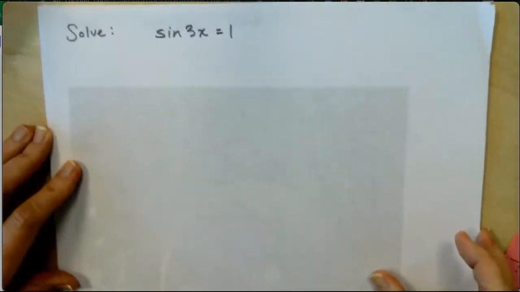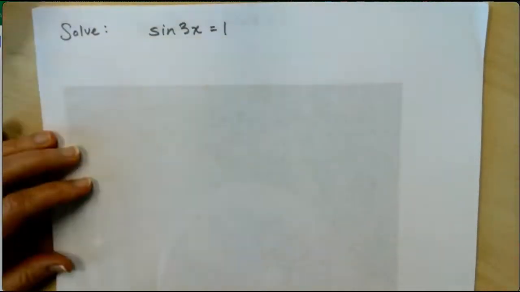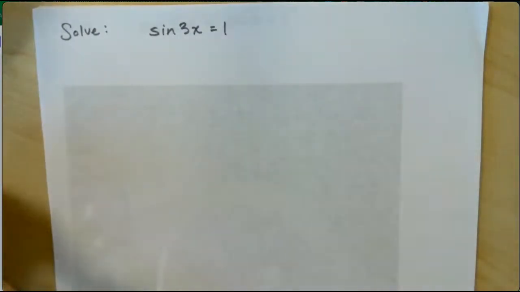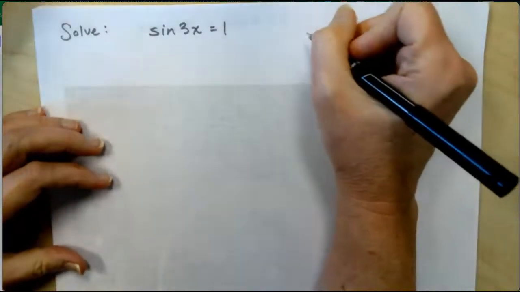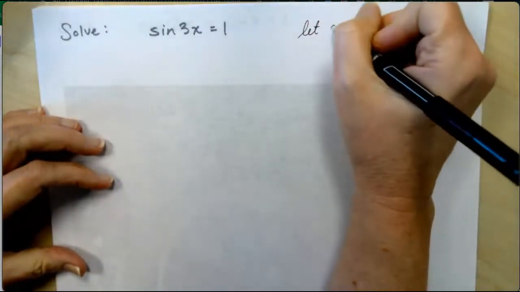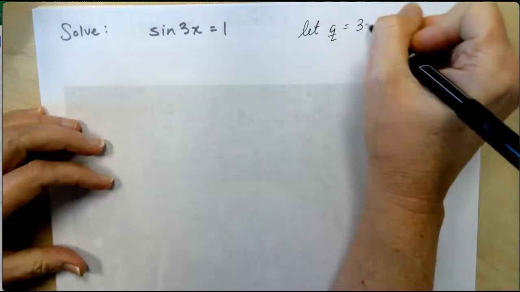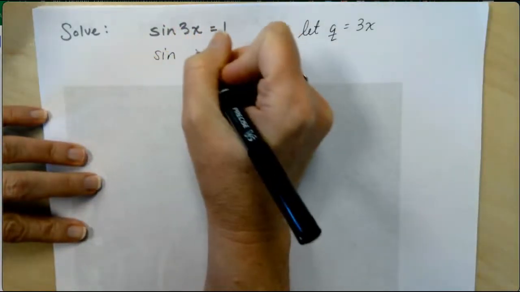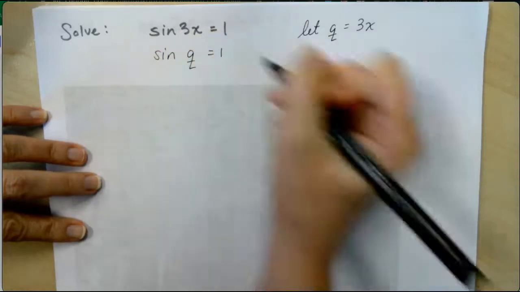Next, we've got a couple of equations to solve. Firstly, this is the sine of 3x equals 1. We did these in class by using substitution, so I will let q equal 3x. So that means we have the sine of q equals 1.